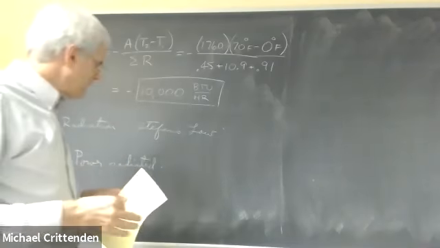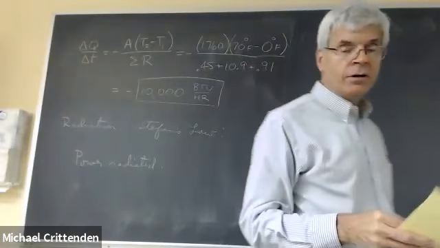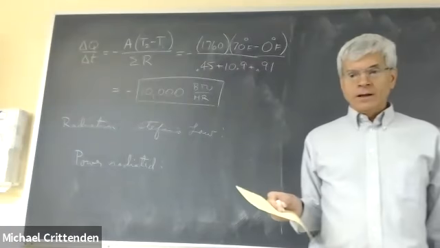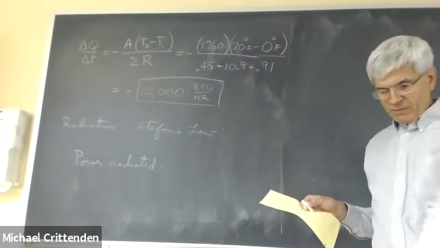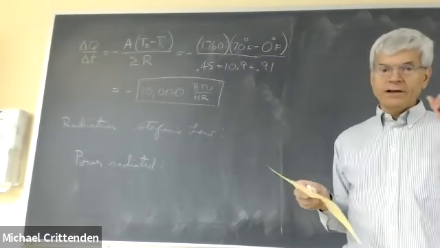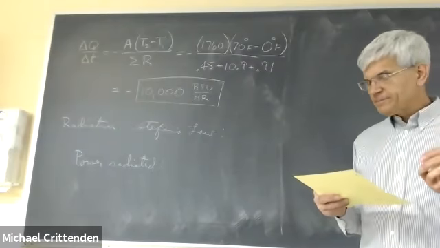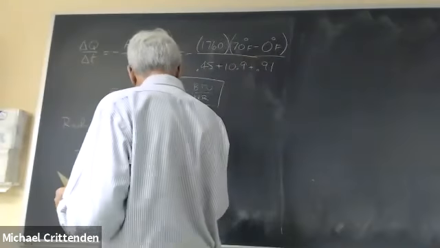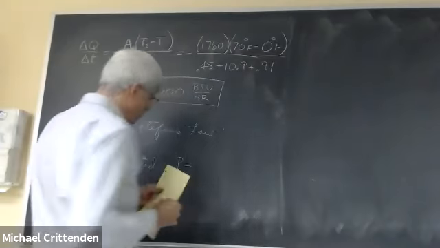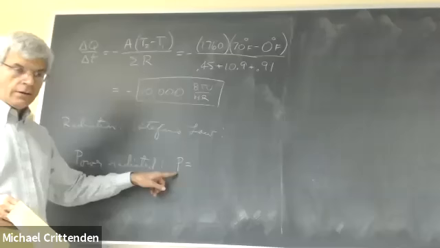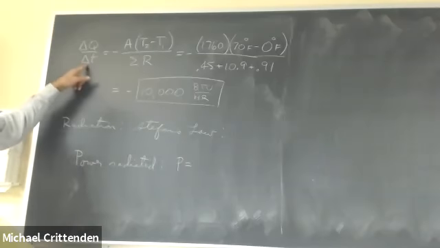Power radiated by a light bulb or the sun or a glowing piece of metal that a blacksmith has just pulled out of a fire, whatever it is that's giving off electromagnetic radiation. Maybe I should point out, in spite of the different notation, this is telling you the same thing as this, okay?